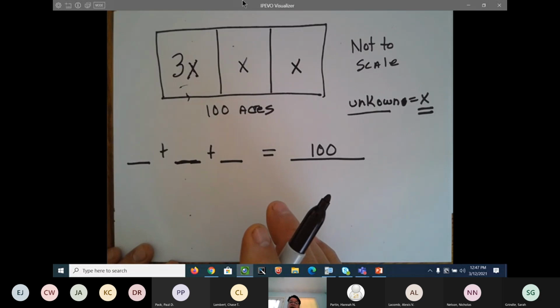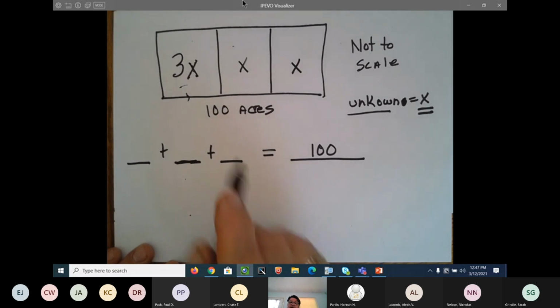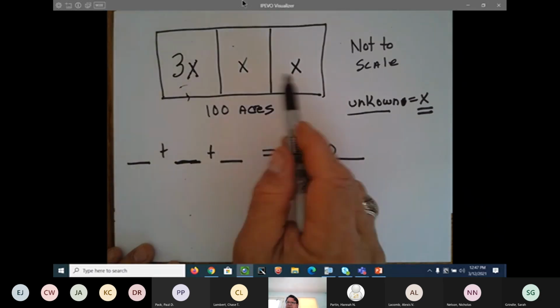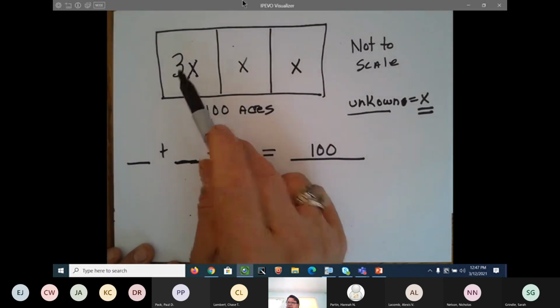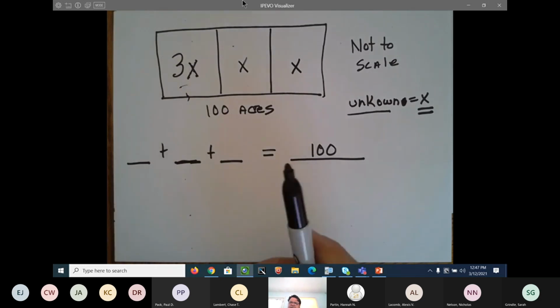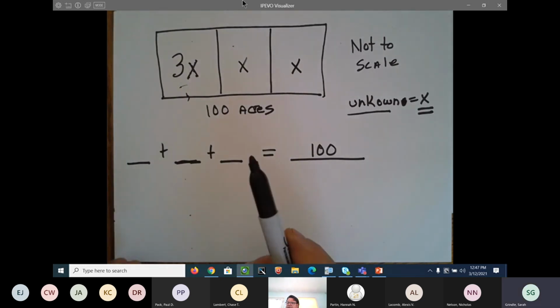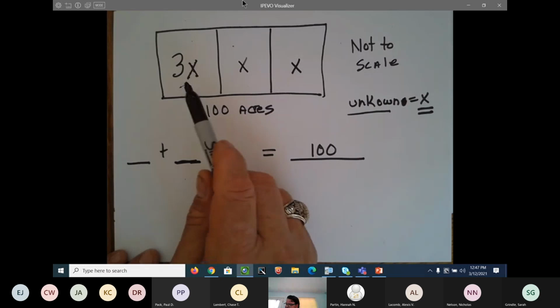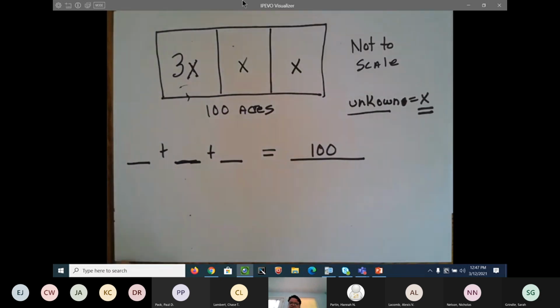Now, the only thing I don't like about this problem is that it's divided into 3 parts, and this is 3X. I wish they would have said 5 times as large or 4 times as large. But in this case, the 3 and the 3 partials is the same thing. That's what I don't like about this example. Now, that shows you that a teacher did not write this problem.